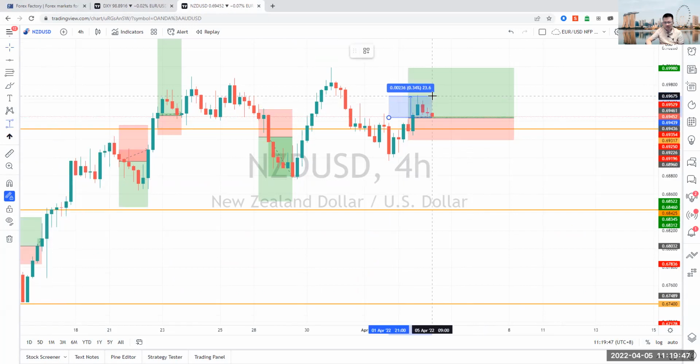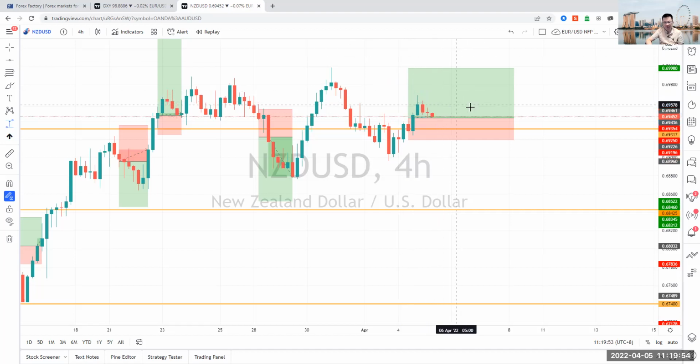So that was a good 25 pip move towards the upside, but now it's retracing back down because of that dollar strength. So just be a bit careful if you haven't already got into that trade. It's very late now. I anticipate that it's going to come back down, test this support level before we see any decisions from this point again. So just be extra careful with that.